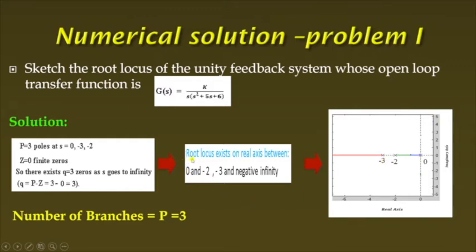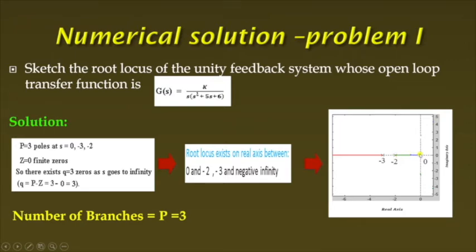Then find where the root locus exists on the real axis. If we consider any test point between 0 and minus 2, then on the right hand side of this test point, the summation of all zeros and poles, if odd, means the root locus exists.